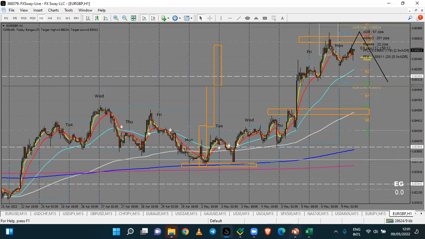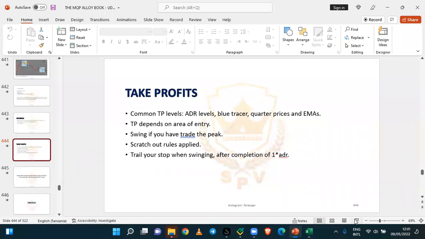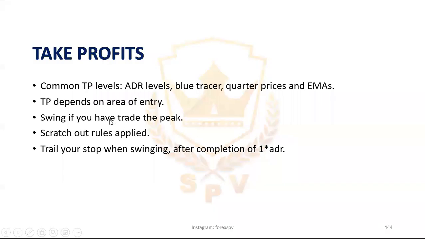So those are the two areas where we look for reversal, the two areas where we can exit our trades. If you're taking a peak trade, you can swing it, 3 levels.